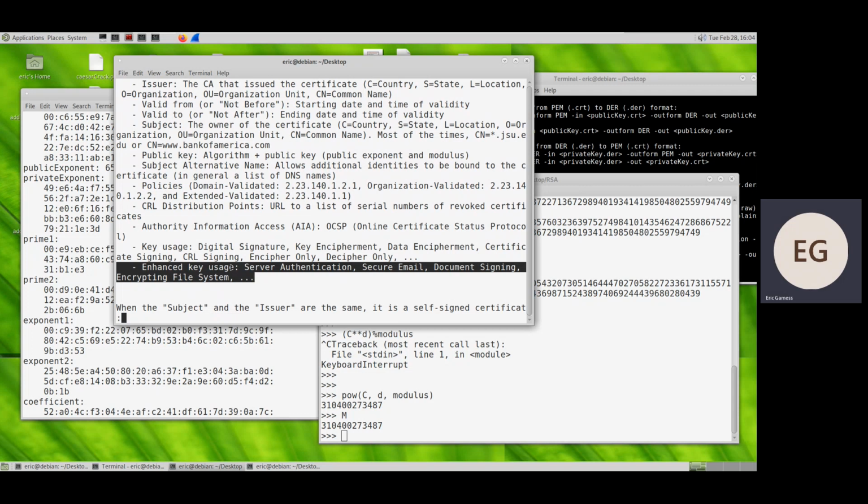You are sure that you are connecting to Amazon, and Amazon needs to be sure that you are Eric Games. So you need double authentication. You want to be sure that you connect to Amazon, and Amazon will be sure that you are the legitimate Eric Games. It's not the same way that Amazon identifies us and that we identify Amazon and are sure that we are connecting to it.